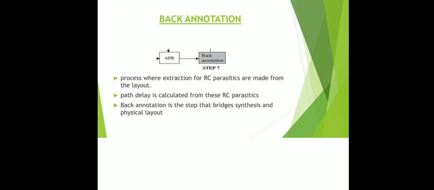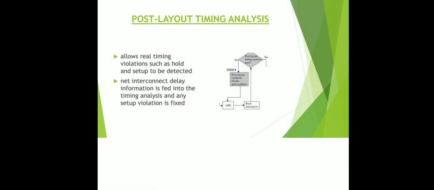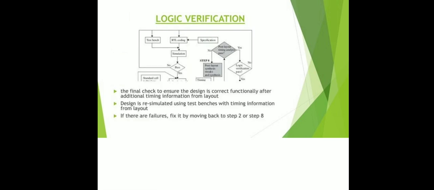The back annotation is the process where the extraction of the RC parasitics is made on the layout, and the path delay is calculated from these RC parasitics. Back annotation is the step which bridges the synthesis and physical layout. In the post layout timing analysis, it allows real timing violations such as hold and setup to be found. This is fed into the timing analysis, and then the setup violation is fixed.